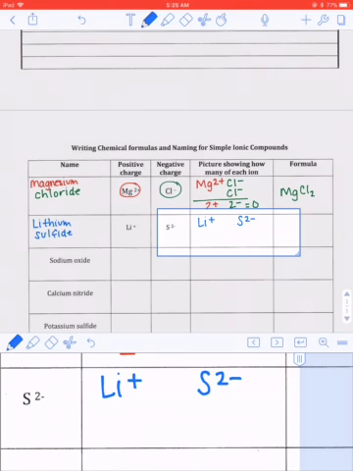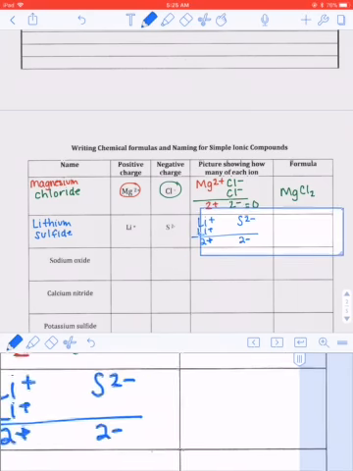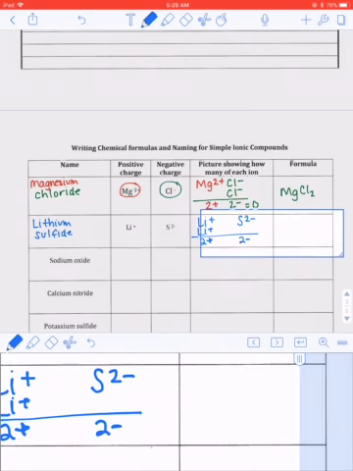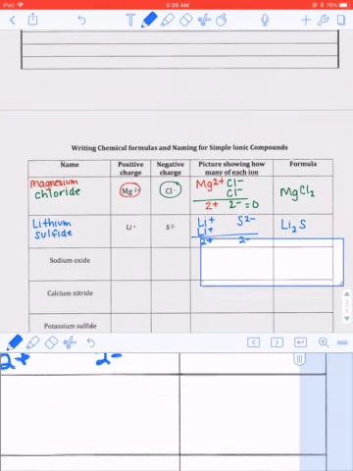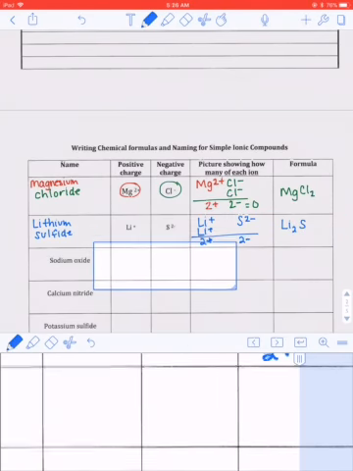Right now, those charges don't add up. We need another positive. Now we've got 2 positives. We've got 2 minuses. Those add up. That's good. So we can say our formula is Li2S, because we need 2 Li's, 1 S for it to add up to 0, the whole charge.